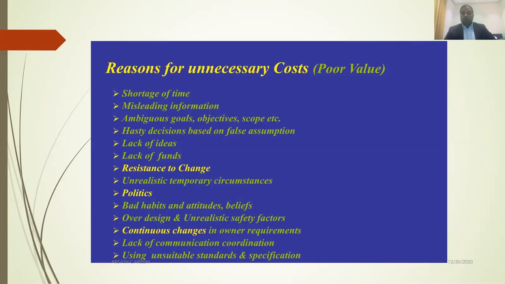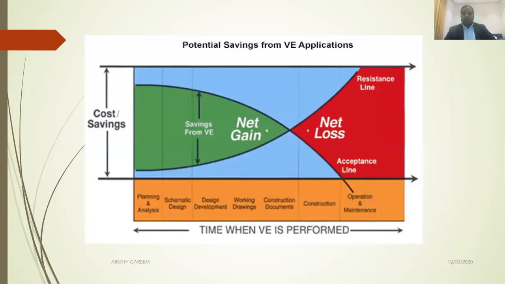So how do we bring cost back within the budget? That is where value engineering comes into application. This is the potential saving from value engineering application. Here are the stages of the design.